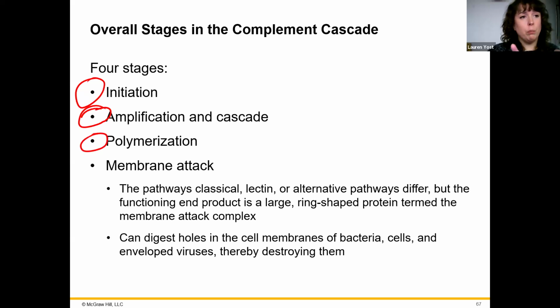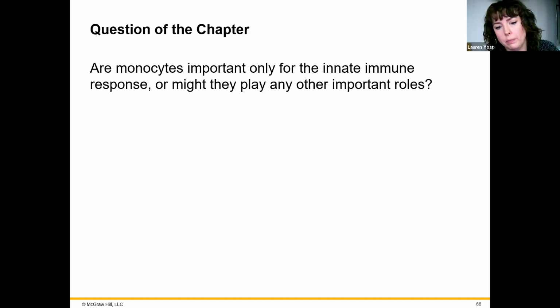Polymerization, bringing proteins together at the very end of all this to make that circle in the bad guy, and that's the membrane attack. Now we've done it, we've got the holes, and we can get our enzymes in, and they'll be leaking out their contents. Okay, so those are the 4 stages of the complement cascade. That's it. So that is chapter 15.